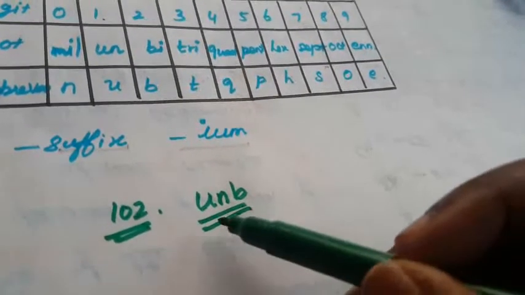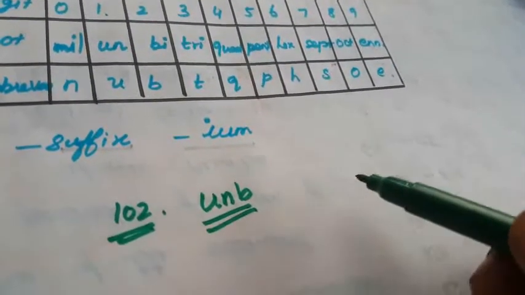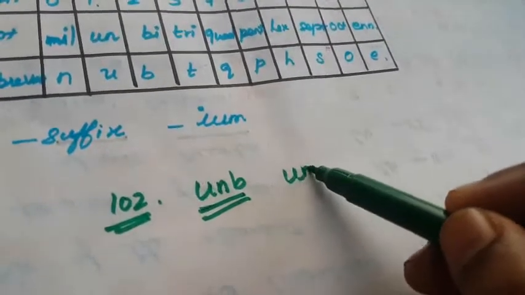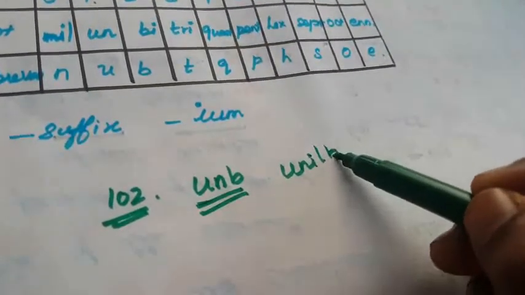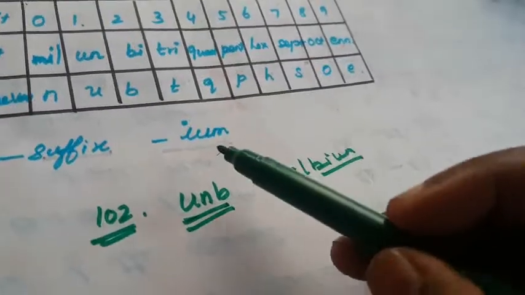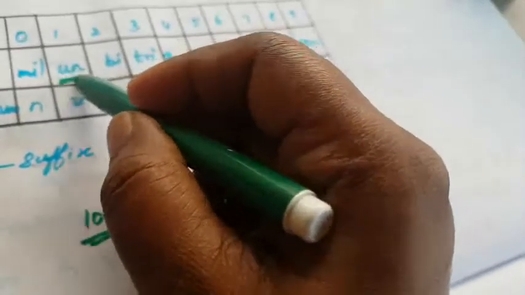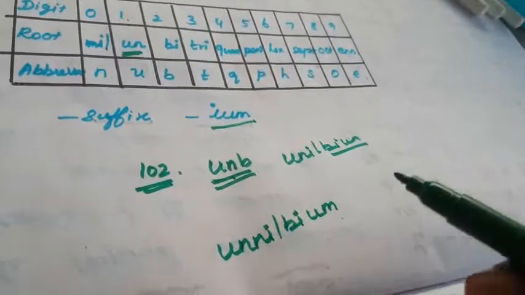According to the root words: un, nil, bi, and you add the suffix ium. So unnilbium. This is the name of atomic number 102.